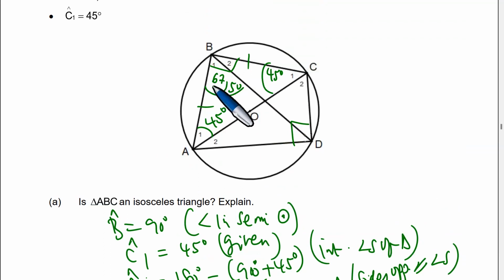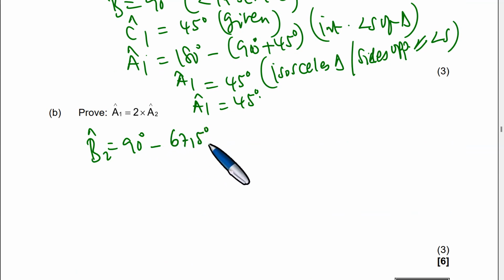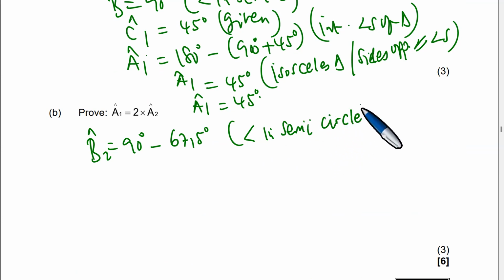B2 is going to be 90 degrees minus 67.5, angle in semicircle, which means B2 is 22.5 degrees.